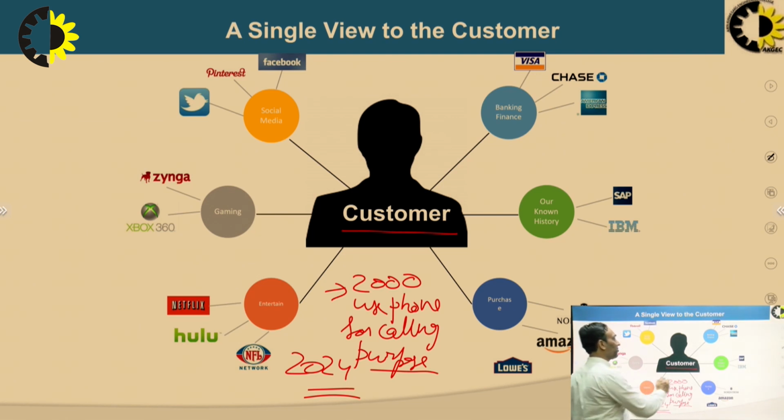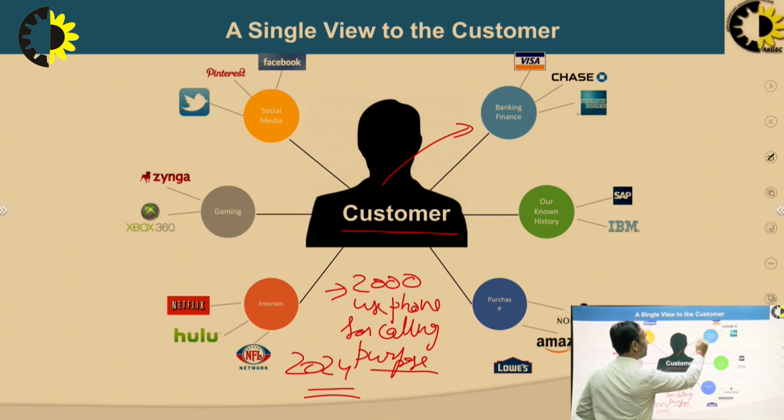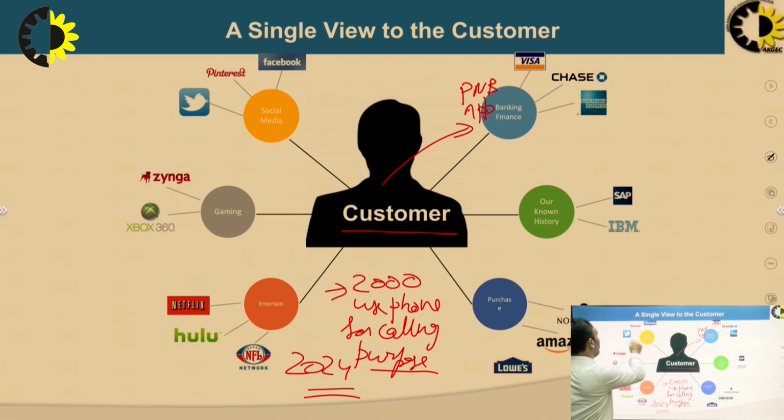For example, a customer using a banking app, for example the PNB app. The user also has social media accounts, we can say Twitter, Facebook. Almost everybody using a smartphone has 2 to 3 social media accounts.